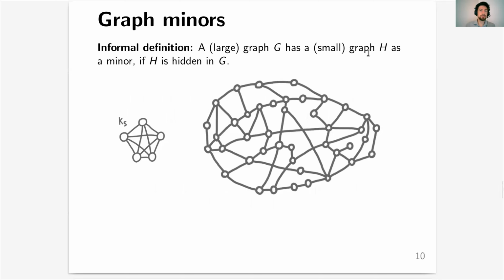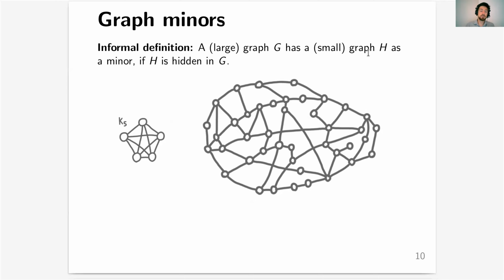Okay, so what is a graph minor? Let's first have an informal definition. A large graph G, for example the one I have on the right here, has a small graph H, for example the one on the left, as a minor if H is hidden in G. Okay, the small graph is hidden in the large graph.